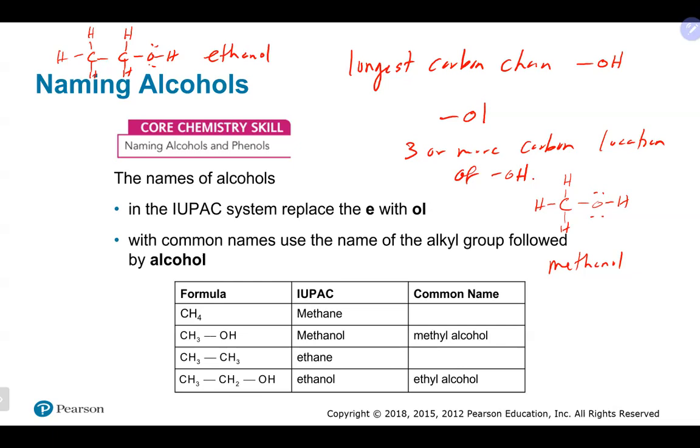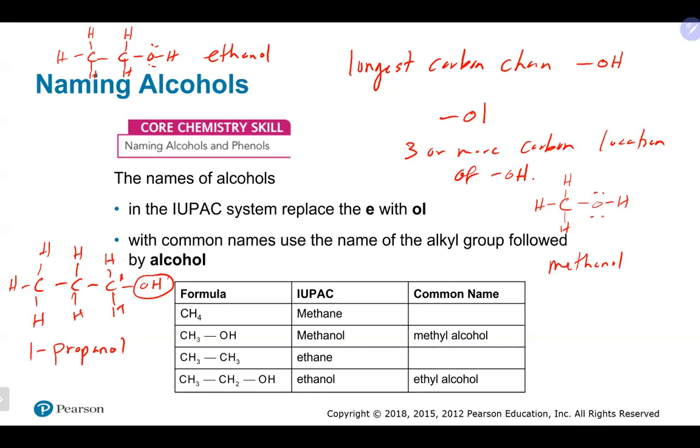But when you get to 3 carbons, you do need to start giving some numbers because you could have this guy here, which is 3 carbons based off of propane. And because it's an alcohol, it is propanol. The OH group is located at carbon number 1, so this is 1-propanol.